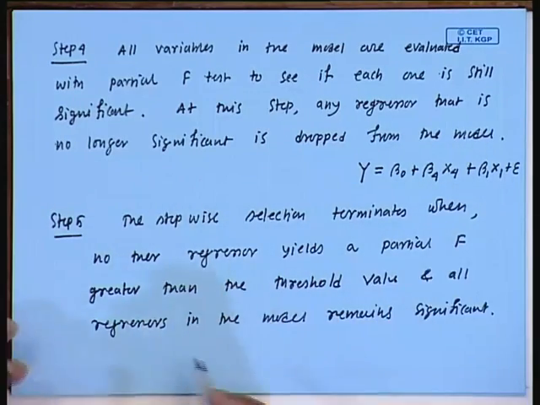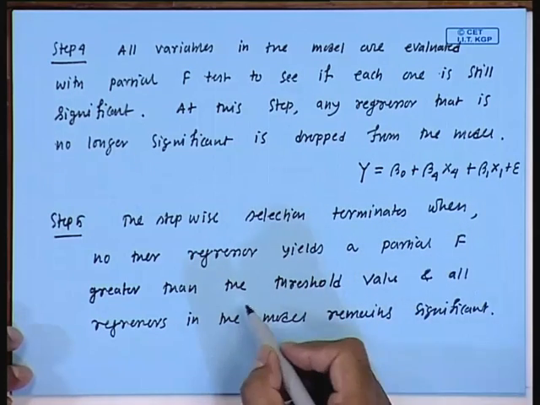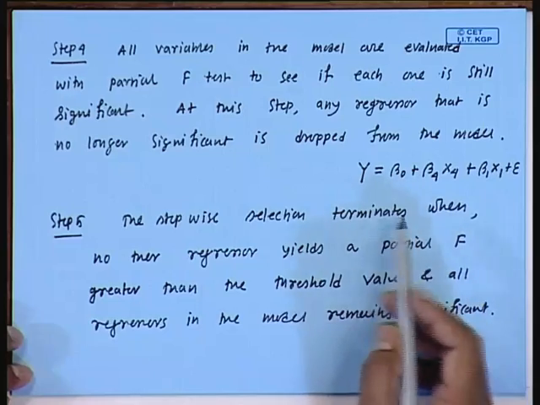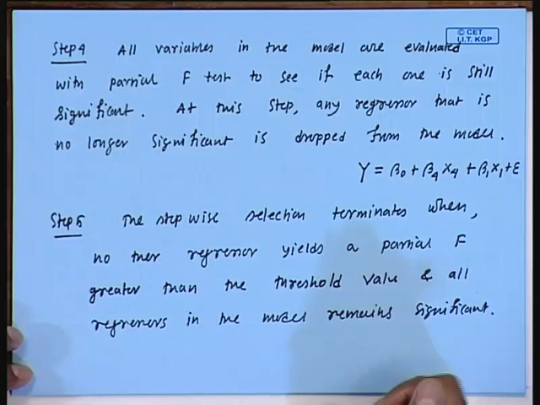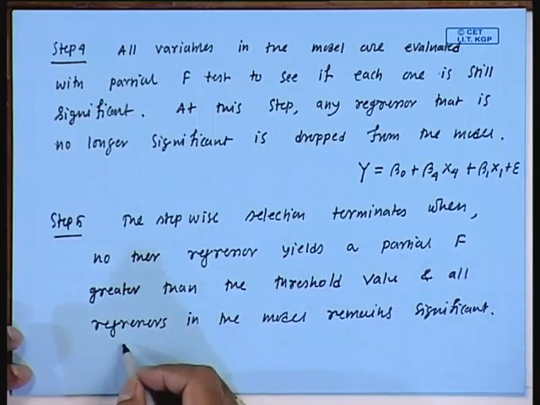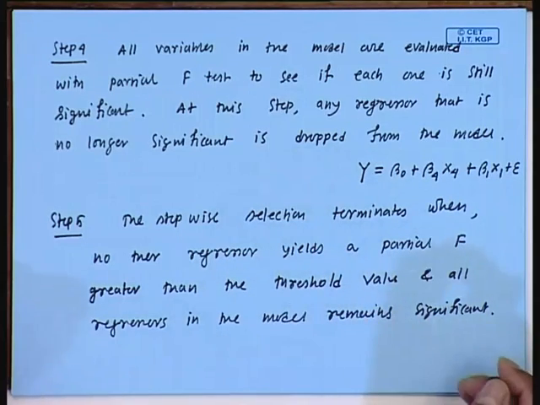So this includes two conditions. If there is no other regressor which has a significant partial F value in the presence of the regressors in the model, then we can't include any more regressors in the model. At the same time, if the regressors present in the model remain significant, then you do not need to remove any regressor from the model either. Then the stepwise selection algorithm terminates.